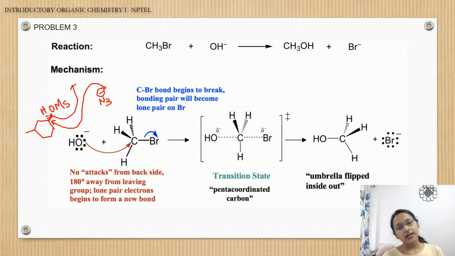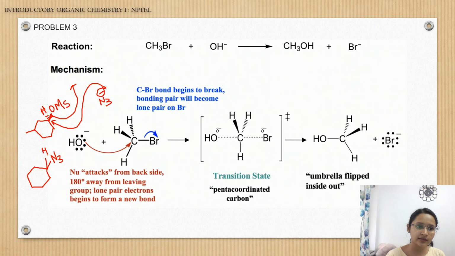So now just tell me the stereochemistry of the product which is getting formed. The product, everyone knows what will happen as OMS is a leaving group. So what you have is N3 in the system, and here you have hydrogen which was present earlier, and here you have a methyl.